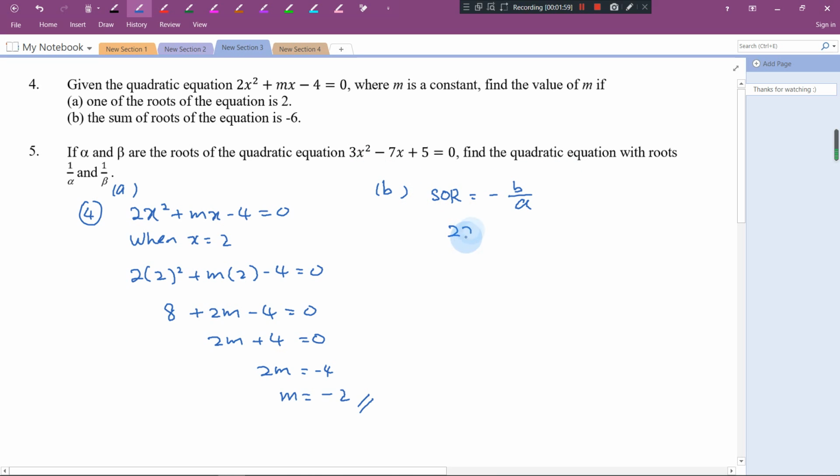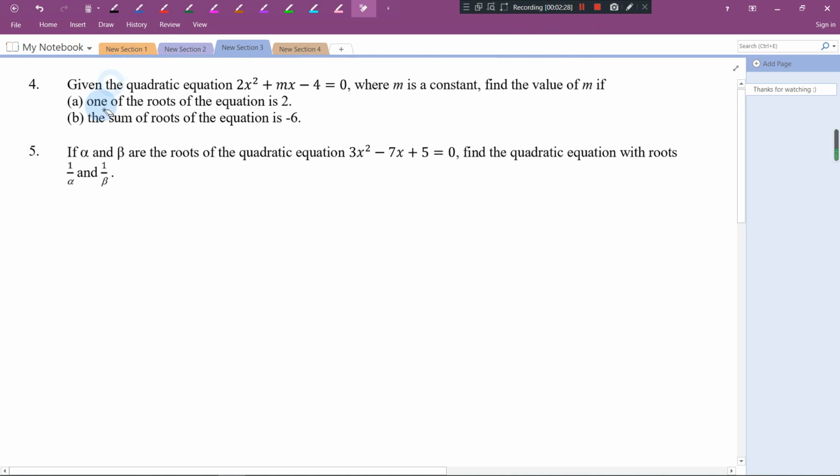Let me copy this one first. 2x squared plus mx minus 4 is equal to 0. Sum of roots is equal to negative b over a, and we know the sum of roots is equal to negative 6. Both sides we have negative, we cancel it and bring it over here. m is equal to 6 times 2, which is equal to 12.